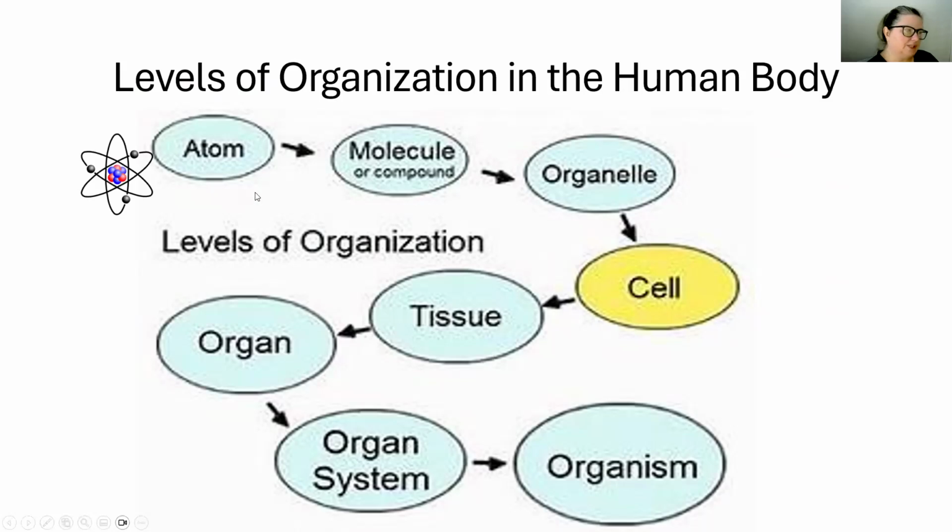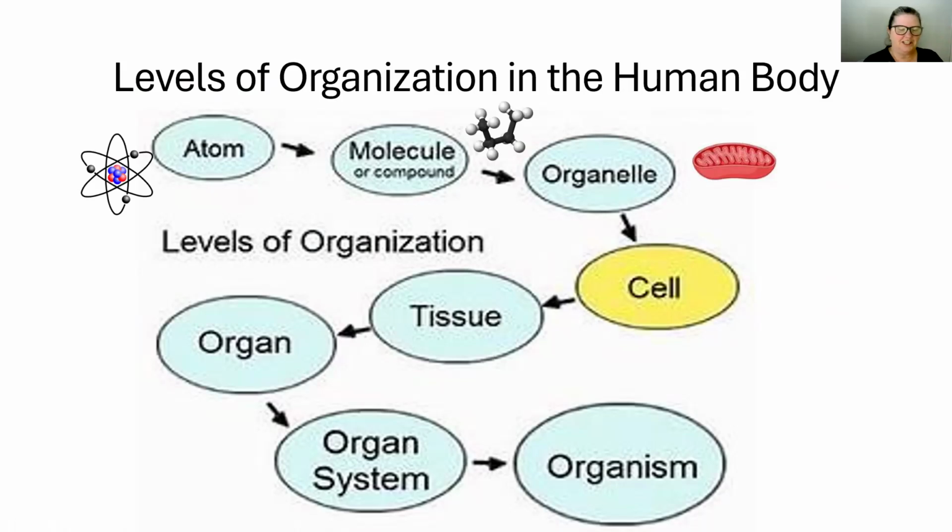Once you get a bunch of atoms together, then you create a molecule, okay? And this is how this flow chart kind of flows, so to speak. So you've got the atom, which is the itty bitty tiny living being. Put a bunch of those together, you have a molecule or a compound. Once you get a bunch of molecules or compounds together, you can wind up with an organelle. And an organelle, which literally translates into little organ, is what you see inside of a cell. It's the mitochondria, if you remember from like high school, right?